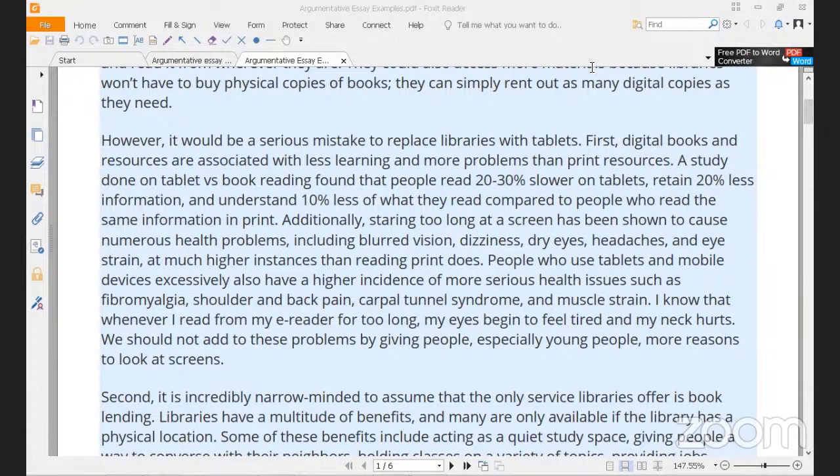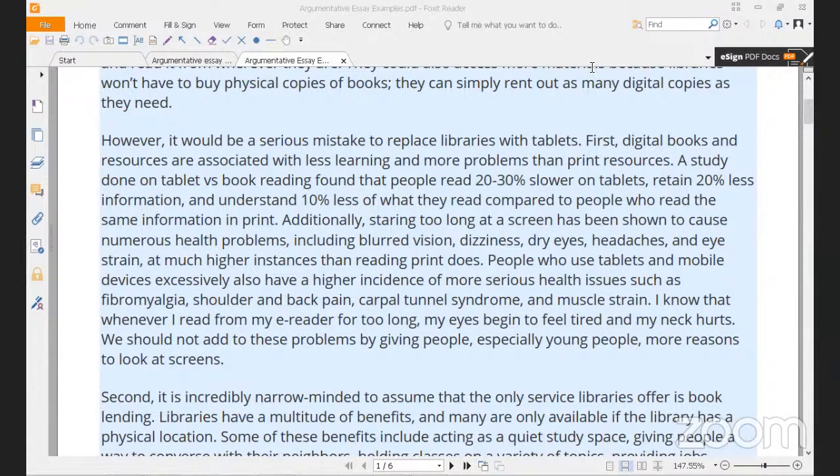A study done on tablets versus books reading found that people read 20 to 30% slower on tablets, retain 20% less information, and understand 10% less of what they read compared to people who read the same information in print.